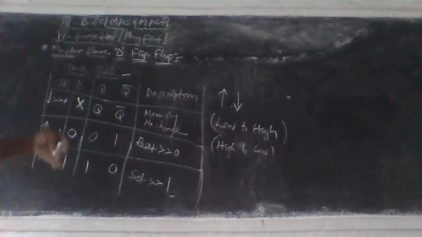Okay, then we can see the master slave D flip-flop circuit.